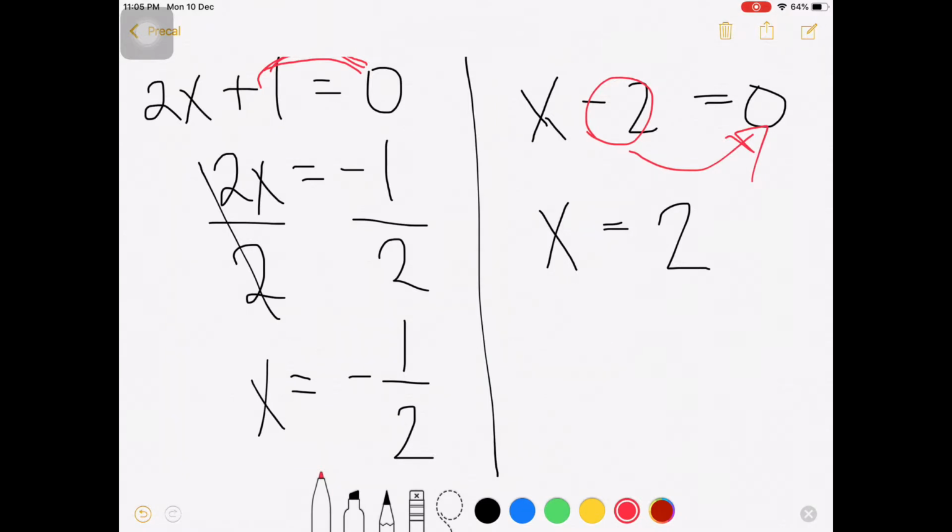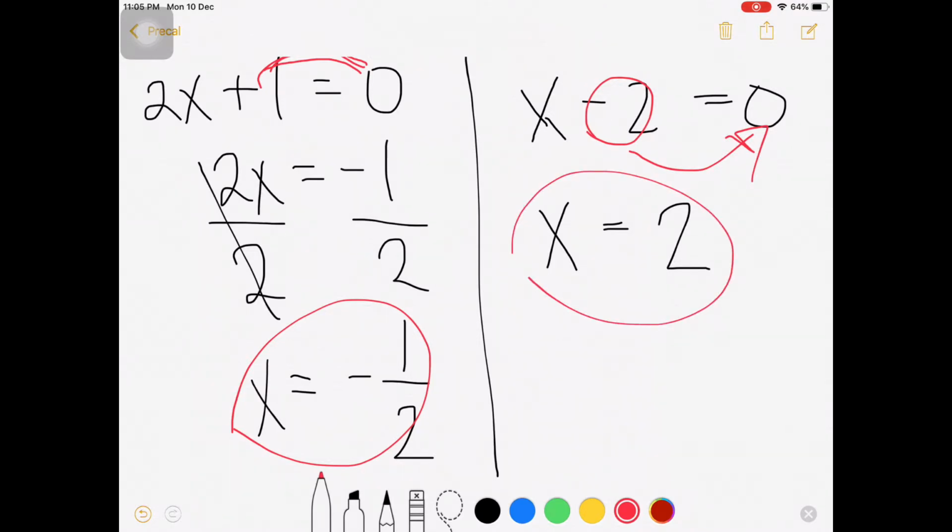Now, x is equal to negative 1 half, and x is equal to 2. Those two values will be substituted to the one that was substituted to the second equation, meaning the equation y is equal to 3x plus 2.